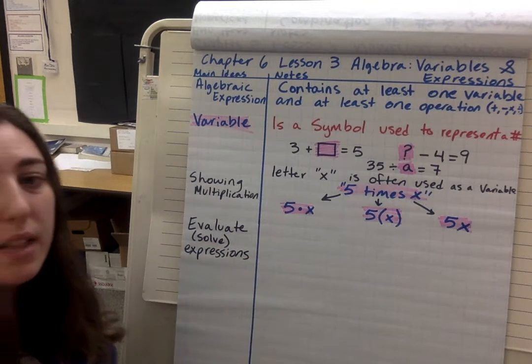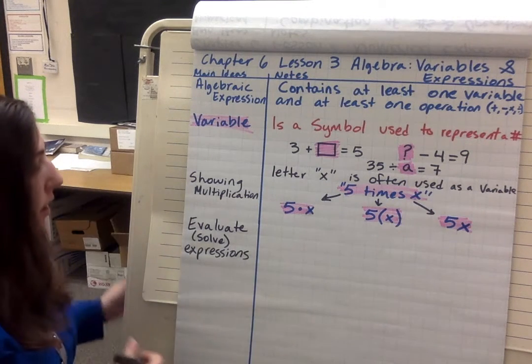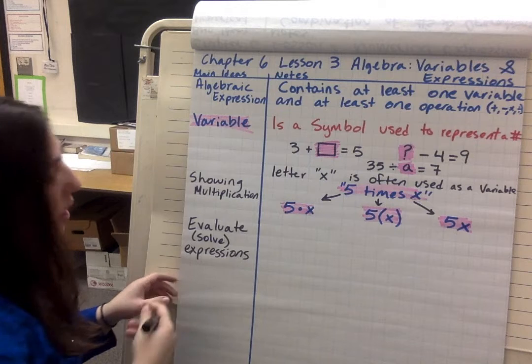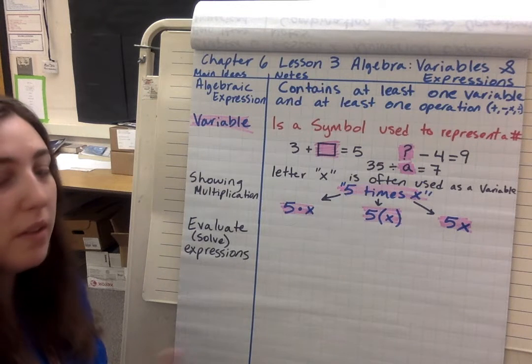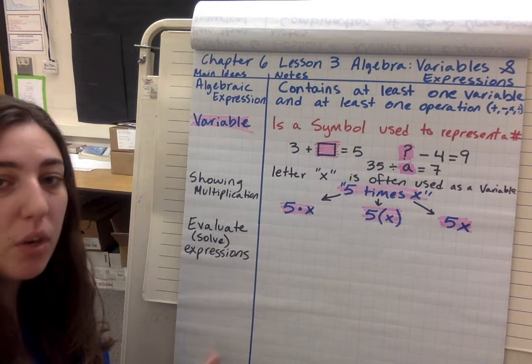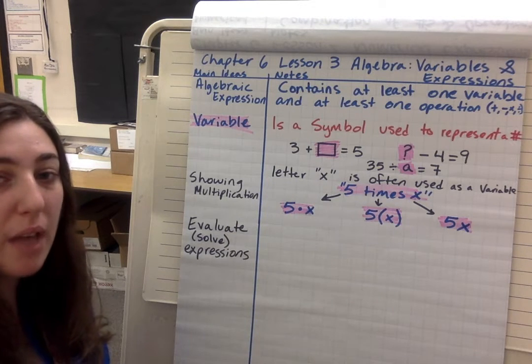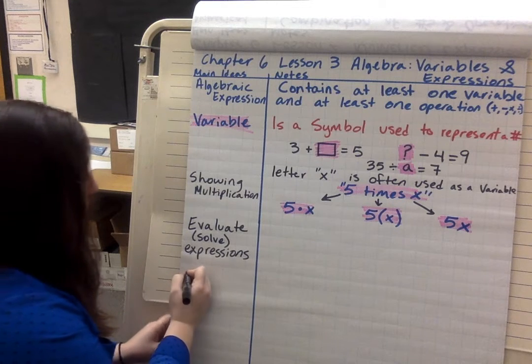To evaluate these expressions, we're going to be using some variables. We're going to say what number the variables represent, and we're going to use that information to help us evaluate some expressions.